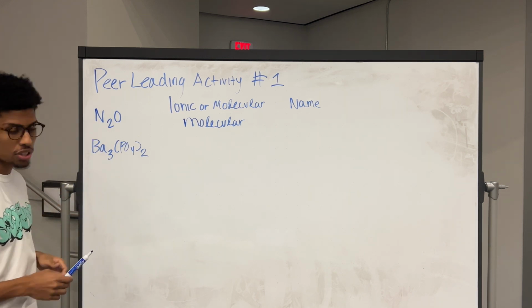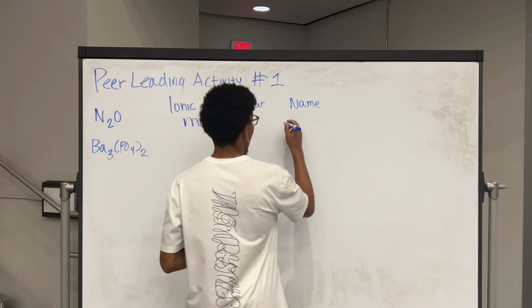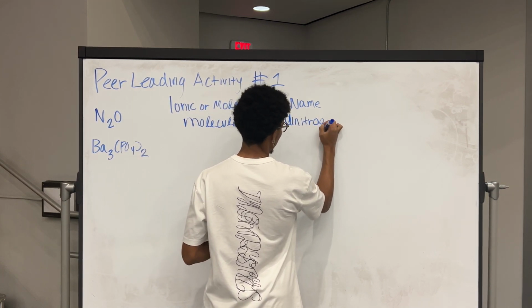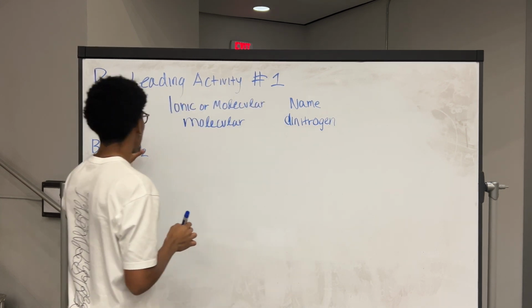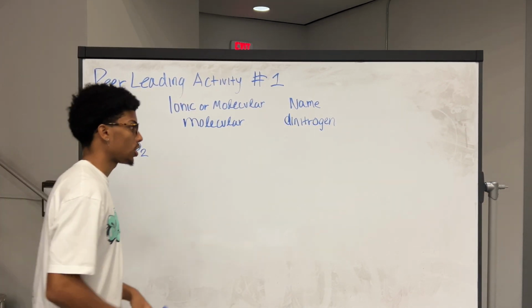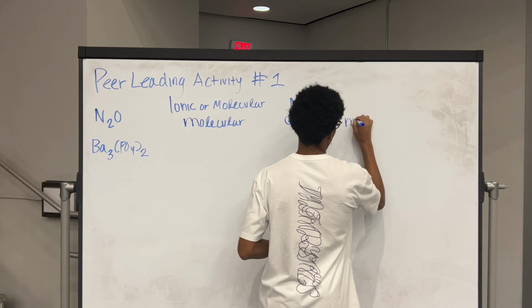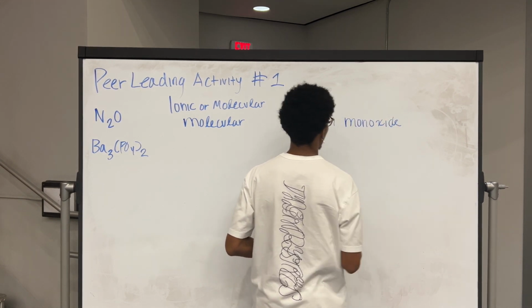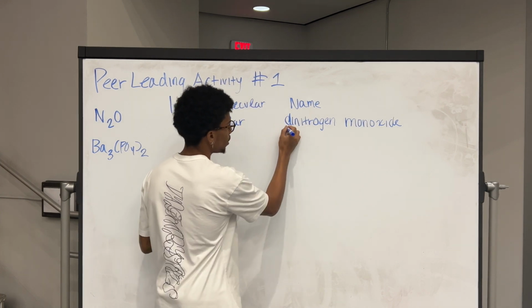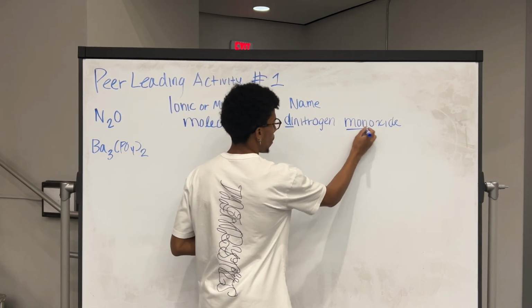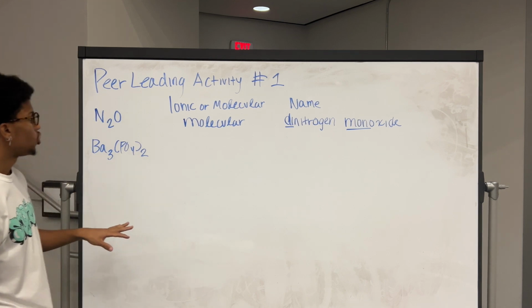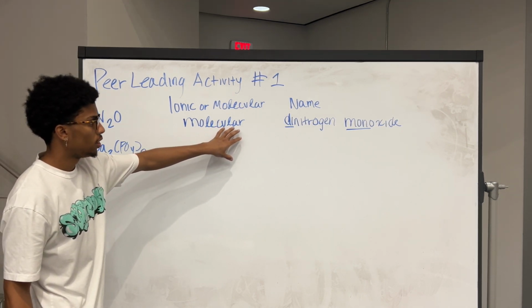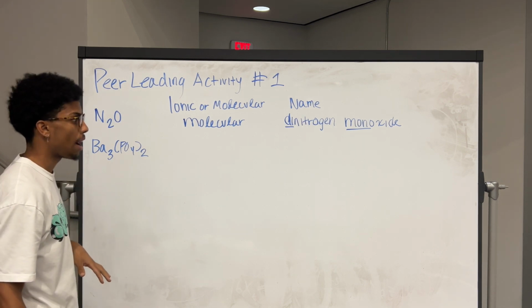We have 2 nitrogen, so that's going to be di-nitrogen. And we have 1 oxygen, so that's going to be monoxide. So we have di and mono, okay? So you're going to use the numeric prefix when you're naming molecular compounds.